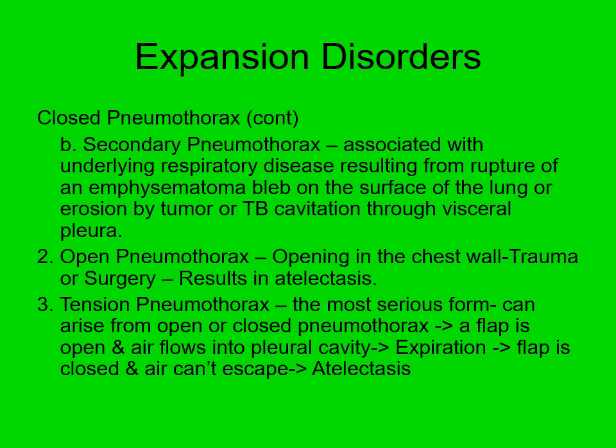Secondary pneumothorax is associated with an underlying respiratory disease resulting from rupture of an emphysematous bleb on the surface of the lung or erosion by tumor or a TB cavitation through the visceral pleura. So you have these blebs that are formed from emphysema.